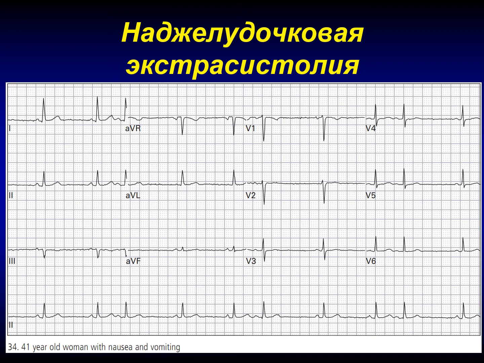And the fourth one, what about the compensatory pause? In this case, we have an incomplete compensatory pause. What does it mean? The RR interval between two normal QRS complexes, two normal R waves, is less than two normal RR intervals.